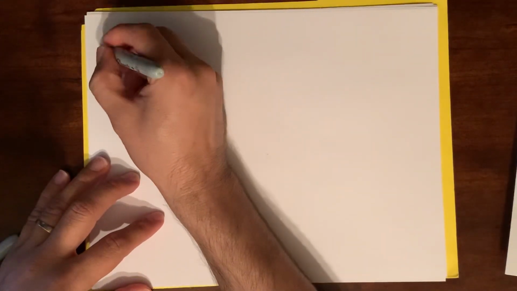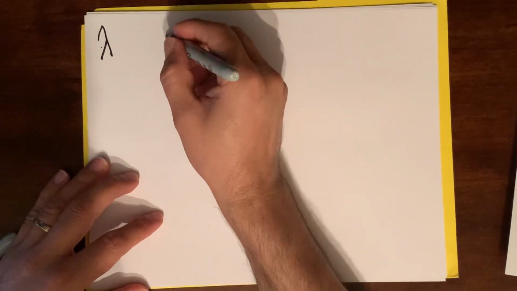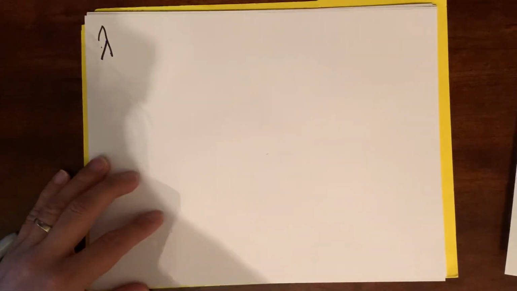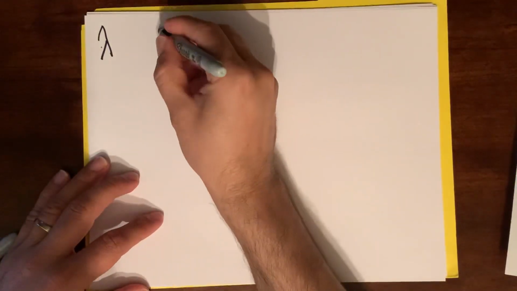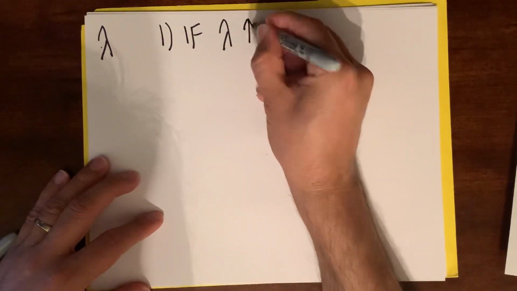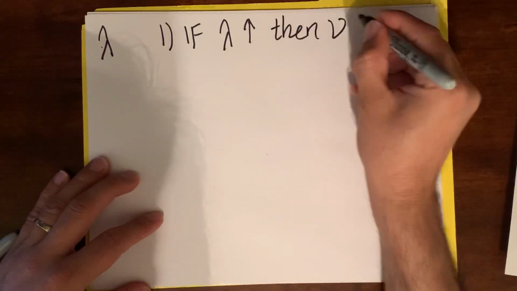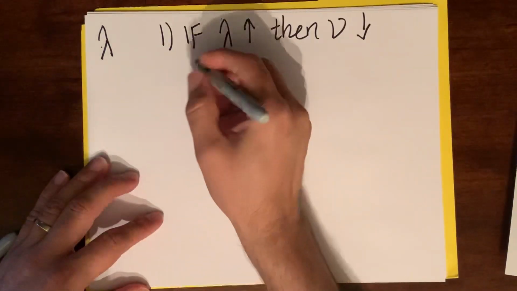First, wavelength. What will happen with the frequency if wavelength goes up? In the first case, if wavelength goes up, then nu has to go down. Why?